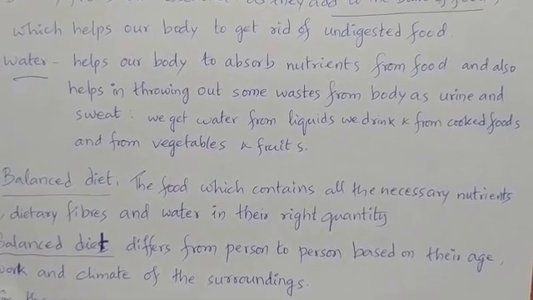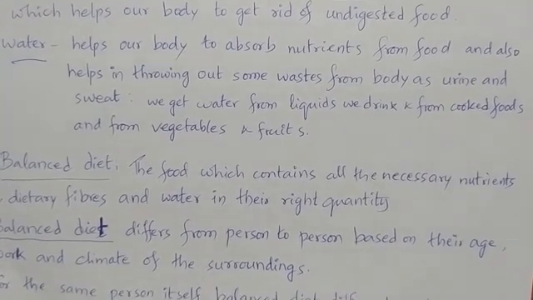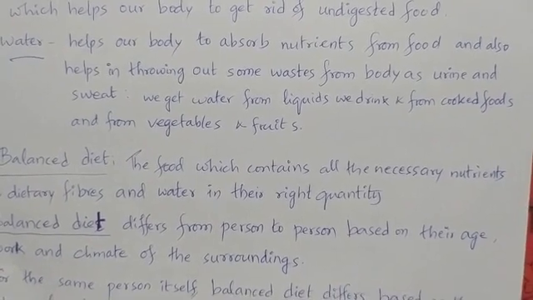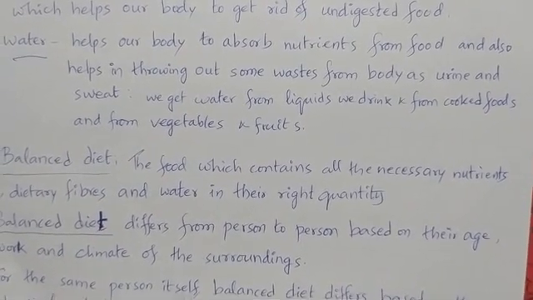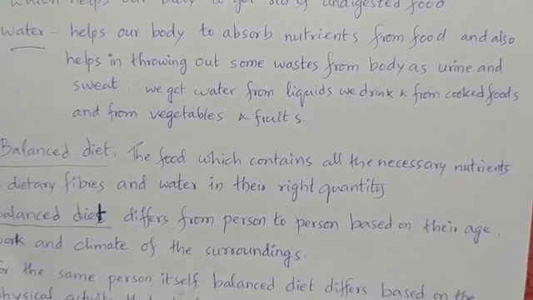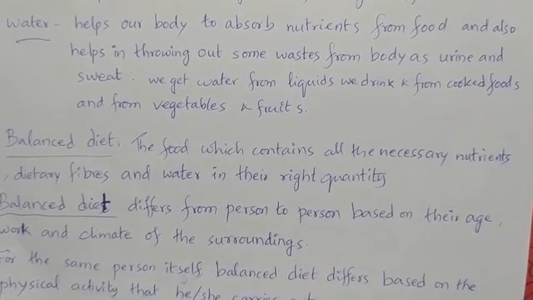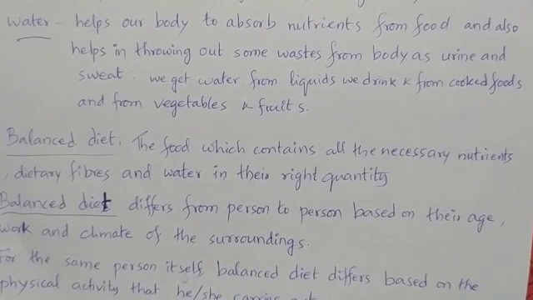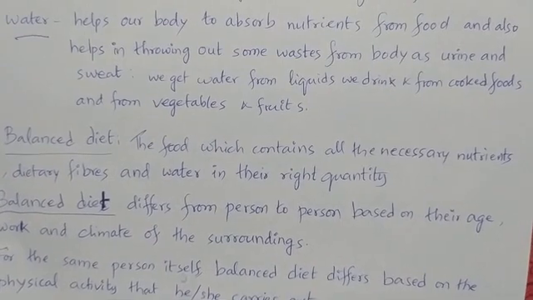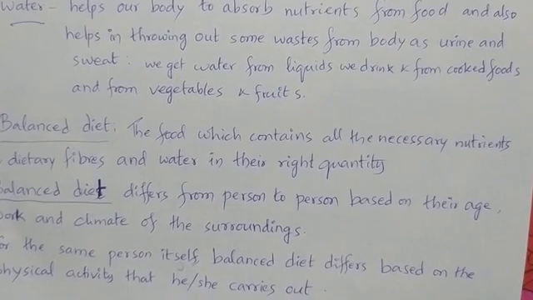Coming to water. Water, like dietary fibers, is also a non-nutrient, but it helps our body to absorb nutrients from the food. And also it helps in throwing out some wastes from our body as urine and sweat. We get water from liquids that we drink, like normal water directly, soft drinks, tea, coffee, etc. And we add some water while cooking food items, so cooked foods also have it.